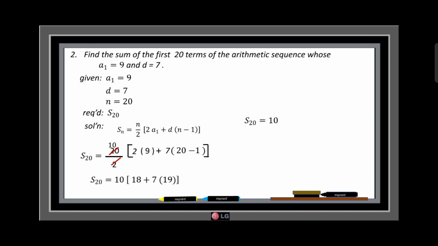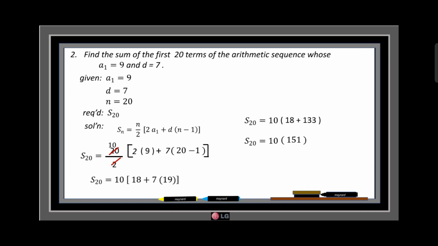So, S sub 20 is equal to 10 times the quantity of 18 plus 133. So, yung 133 ay nakuha by multiplying 7 by 19 or 19 by 7. Okay, so add na lang natin yung 18 muna tsaka yung 133. It will give us 151.